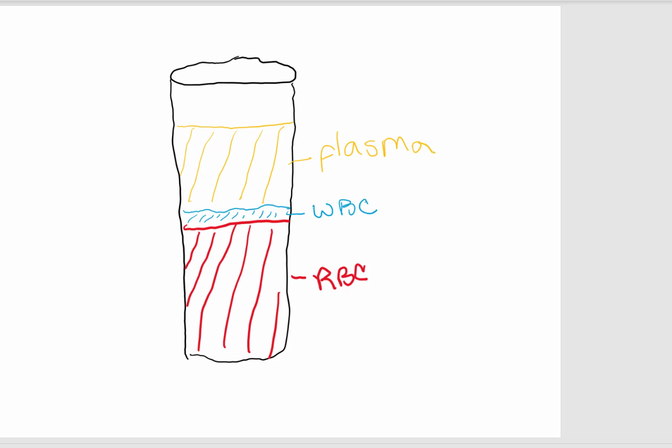When you take hematocrit, it is a division problem. It is a ratio. You measure the entire sample, and you measure it in millimeters.